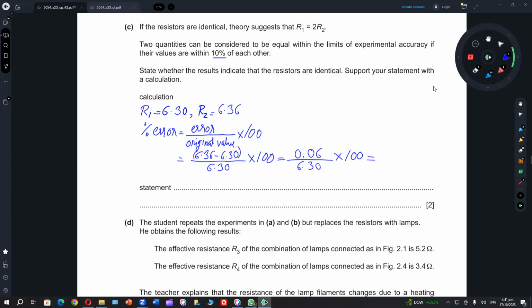Please divide again. 0.06 divided by 6.3 into 100. It's the same answer, 0.95.